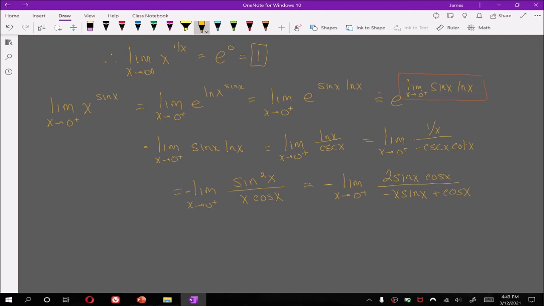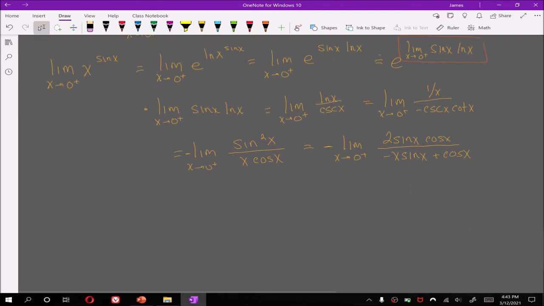Now if we plug in, okay, you can see now this is making a lot more sense to me. Plug in 0 from the right here. That is 0. Once again, our limit here will equal e to the 0, and that limit is 1.